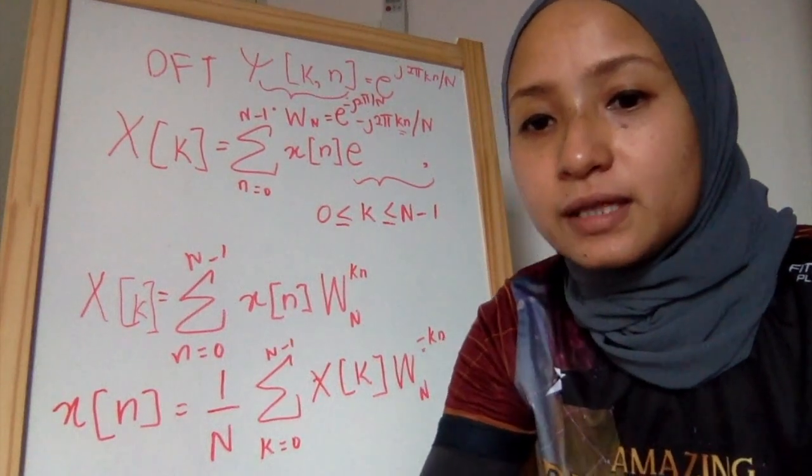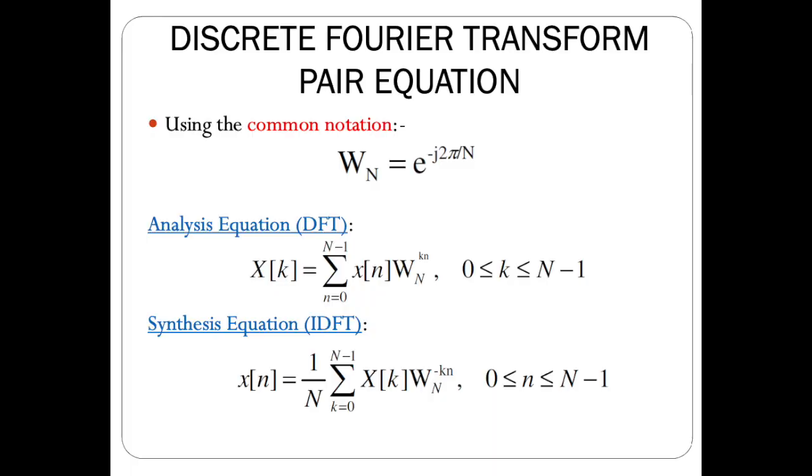Okay, next is the discrete Fourier transform pair equations. Slide number 8 is the equation for the DFT and the equation for the inverse DFT, which you can refer to in your slide.